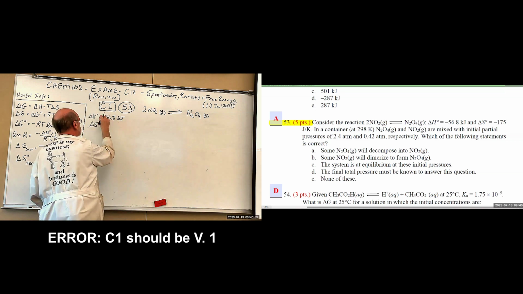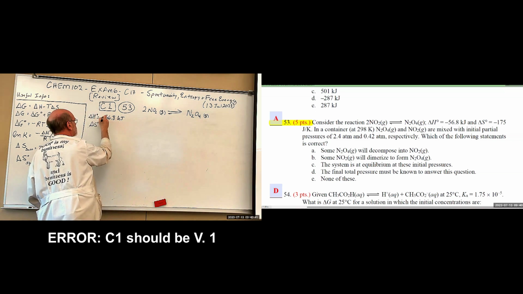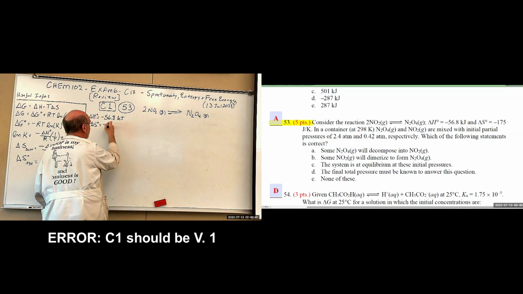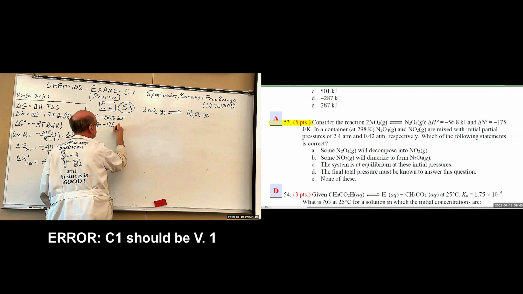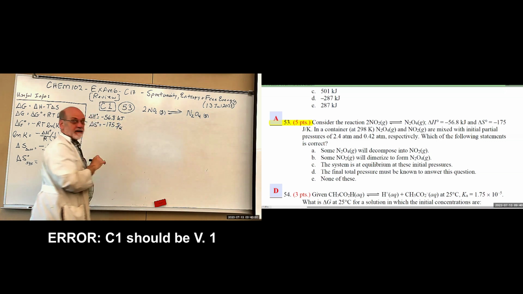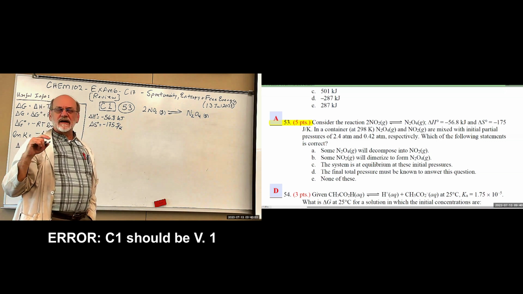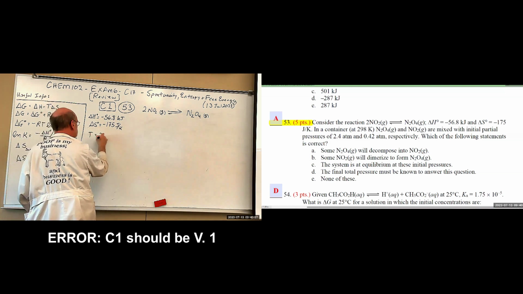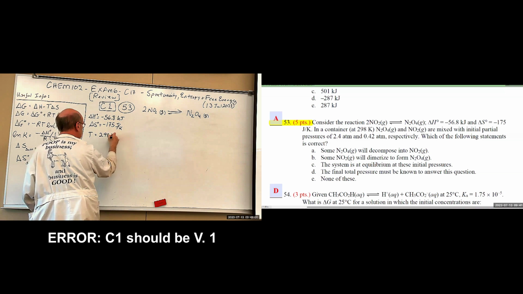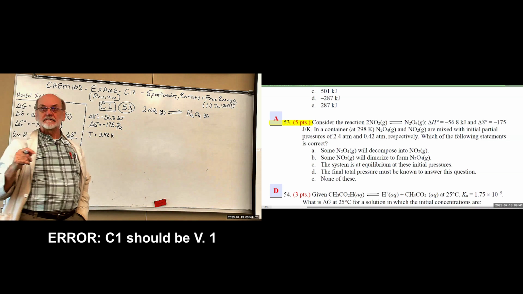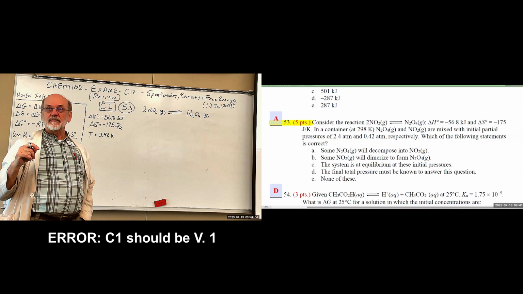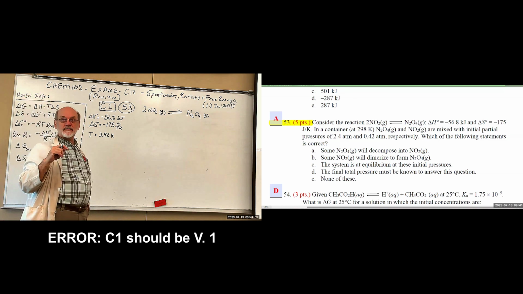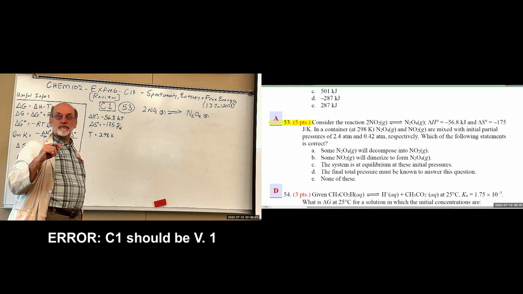Let's back this up a little. Negative 175 joules per K. In a container at 298 K, so we're given the temperature also. And they're mixed together with an initial pressure of 2.4 atmospheres and 0.42.